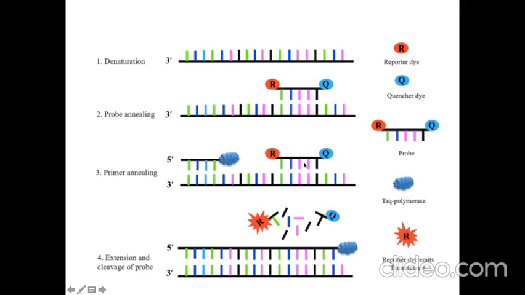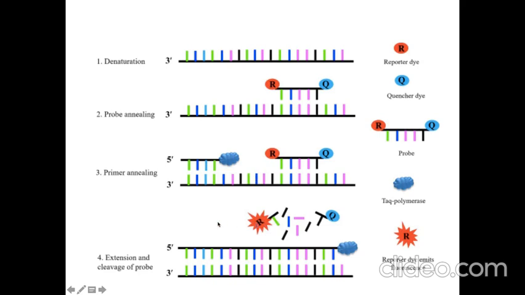Once it degrades this probe, the reporter dye is detached from the quencher. So the quencher is no longer in close contact with the reporter dye. Once the reporter dye comes apart, at a distance from the quencher, it releases the glow. So this amplification indicates that the glow will happen.